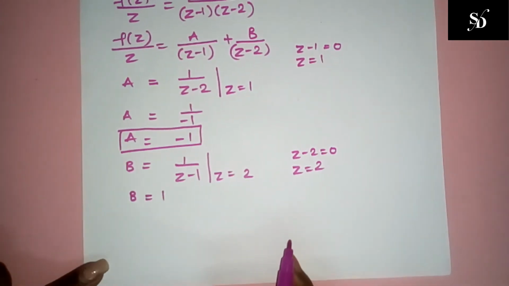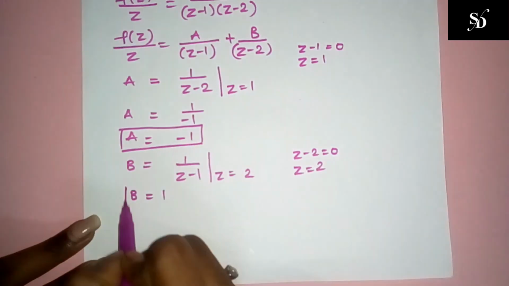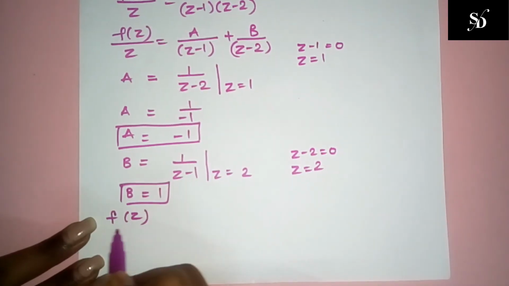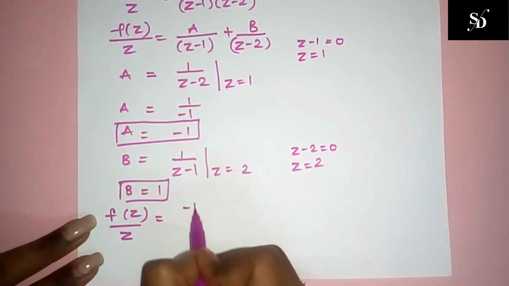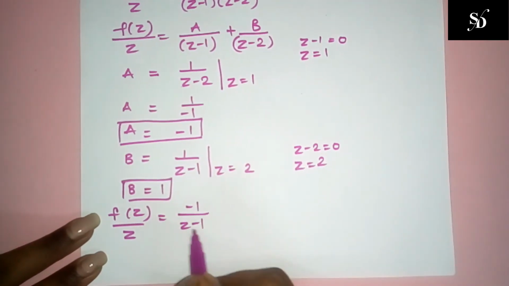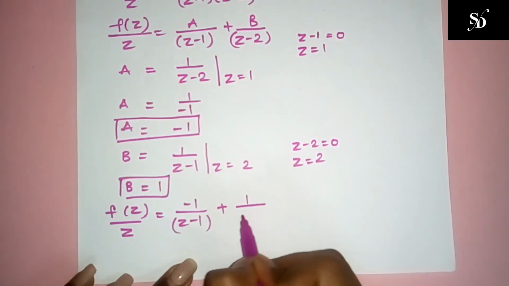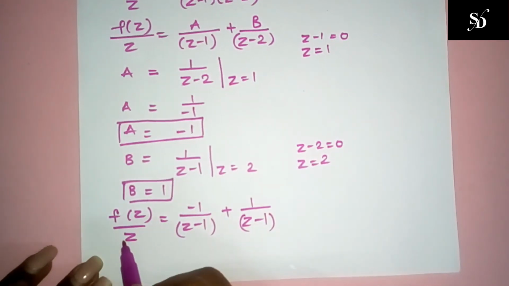Now in the place of A and B, we'll substitute the values. F of z upon z is equal to, the value of A is minus 1, so minus 1 upon (z minus 1), plus the value of B is 1, so 1 upon (z minus 2). Now this z we will take to the other side.